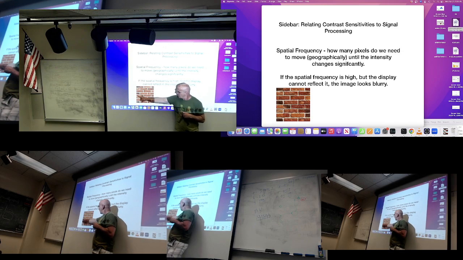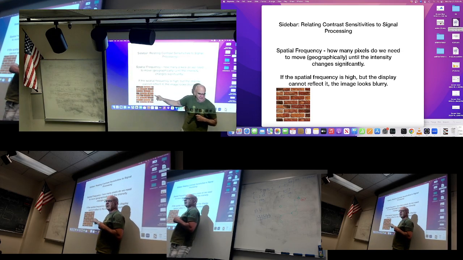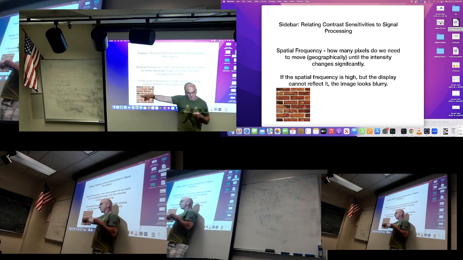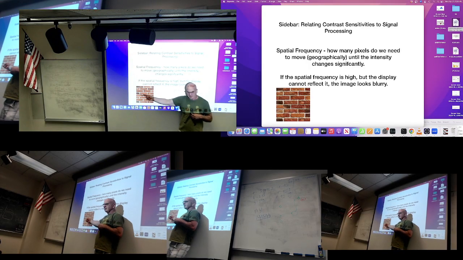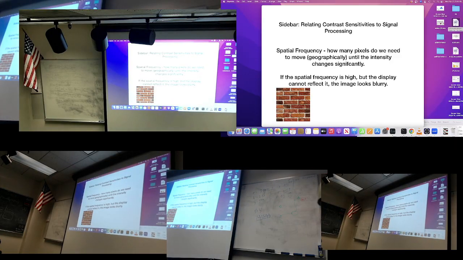How many changes of up, down in the intensity do I see as I move from left to right? High frequency would mean black, white, black, white, black, white pixels. Low frequency, many pixels that are dark, many pixels that are white, and so on. So the parameter that we want to preserve is exactly the spatial frequency.